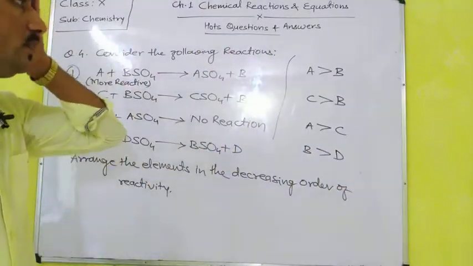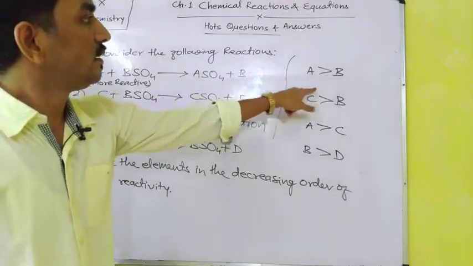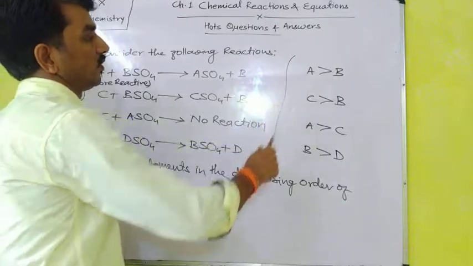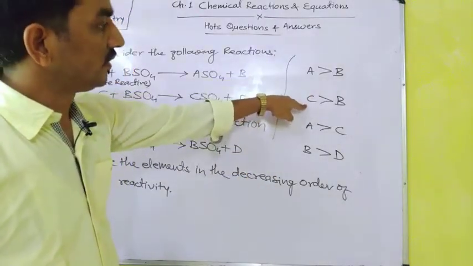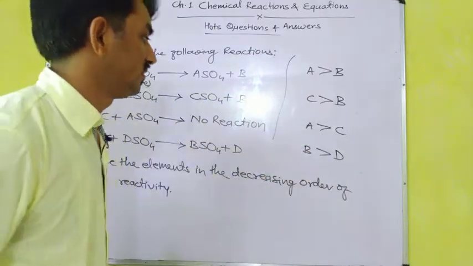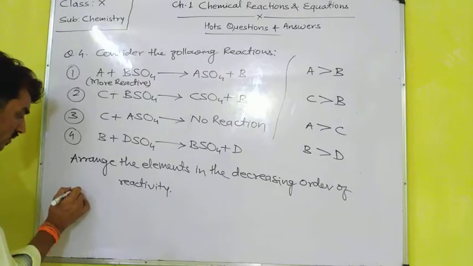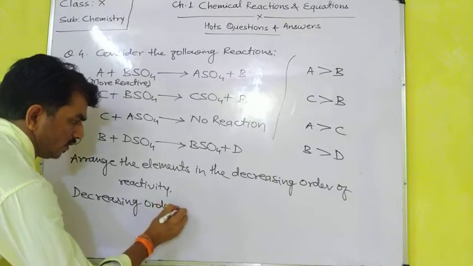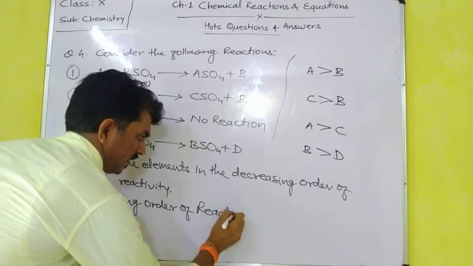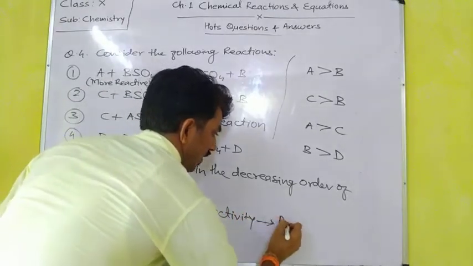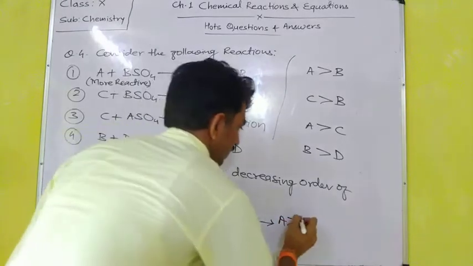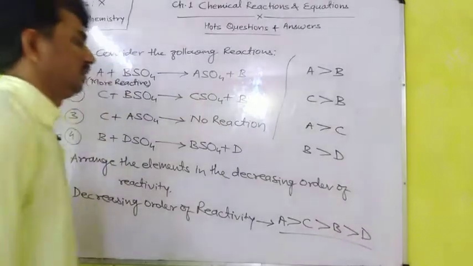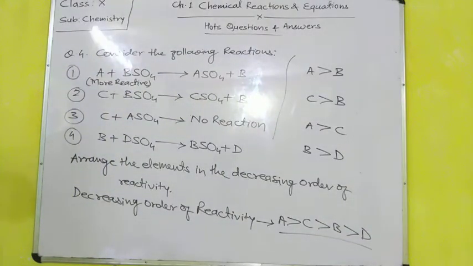The most reactive element is A, which displaces both B and C. So the reactivity order is: A is the most reactive, then C, then B, and at last D. So the decreasing order of reactivity is A is greater than C is greater than B is greater than D. That will be the decreasing order, from more reactive to less reactive.